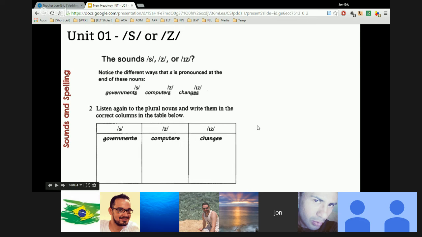So out of the words we heard, in the S column, besides government, what else went in the S column? Give me one other word that went into the S column that we just saw. What if I turn the slide back?